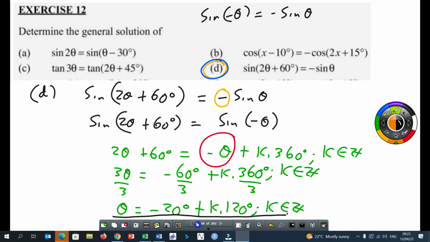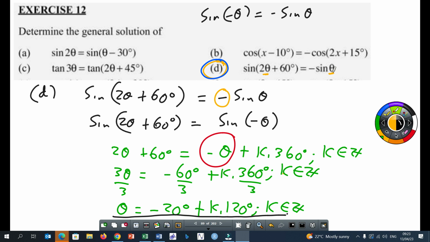So you can just test it, substitute 120 here, 120 there. If you put 120 here, you get 120 times 2, which is 240, plus 60, you get sine 300. Now here you end up getting minus sine 120. I hope you know that sine 120 is the same as sine 60.